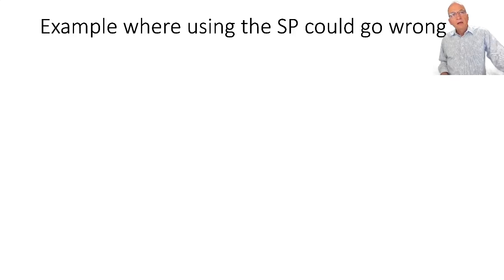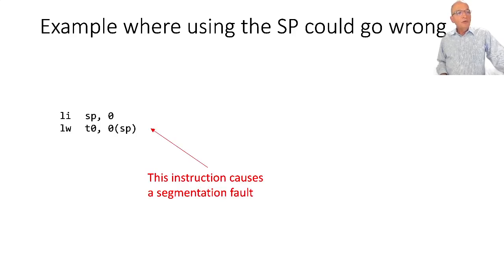So here is an example where using the stack pointer when you are in an exception could go wrong. For example, if I put the value 0 in the stack pointer and then I load from the stack pointer, this instruction will cause a segmentation fault, and then when you go to the exception handler, you will be accessing again a value that's close to the address 0, and that would also be illegal.